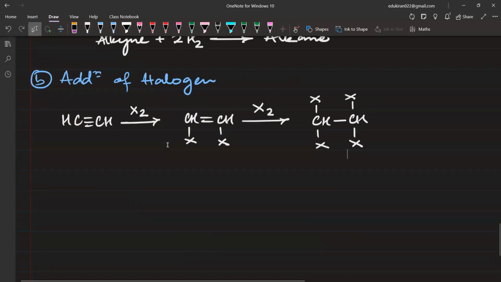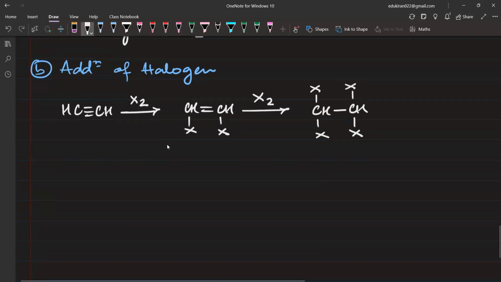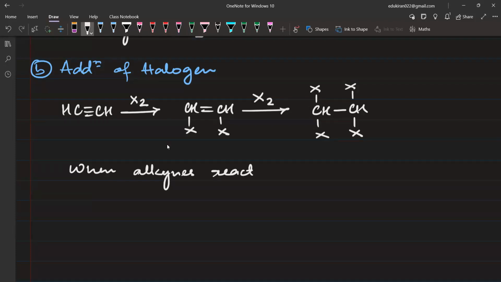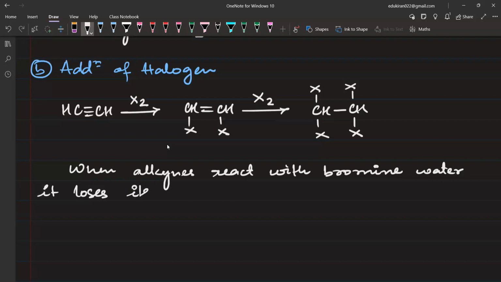अब यहाँ पे देखिए जरा, specifically if you have, let us suppose alkyne reacts with ऐसे लिखें just a second, when alkynes react with bromine water, it loses its reddish brown color, है ना?